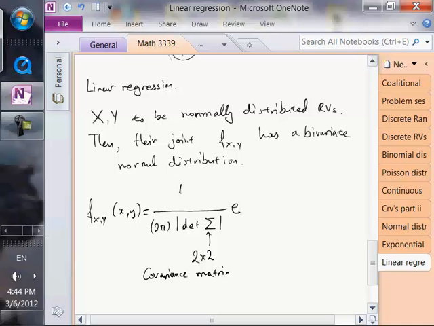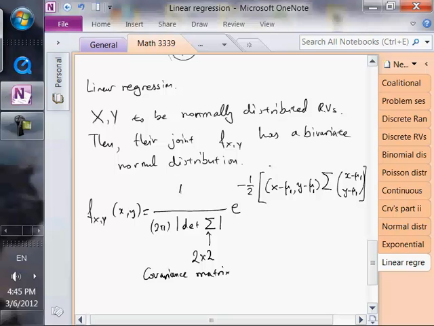Then here comes the elaborate part. We have e to the negative 1/2 times the following: x minus its mean, y minus its mean, times sigma inverse, times x minus its mean, y minus its mean.